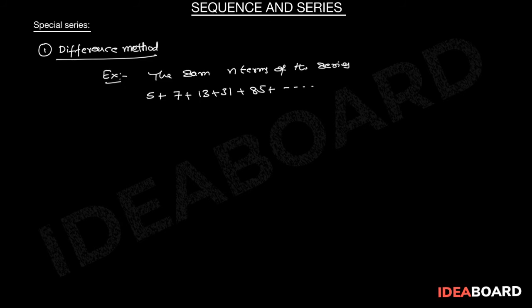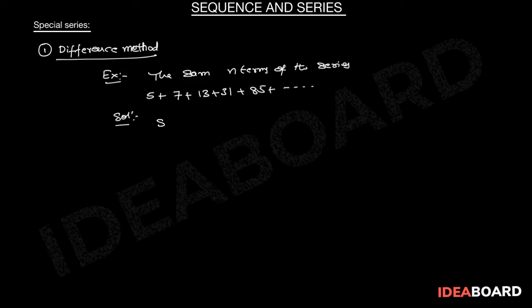For example, the sum of n terms of the series 5 plus 7 plus 13 plus 31 plus 85 plus and so on. Solution: this is a special series.